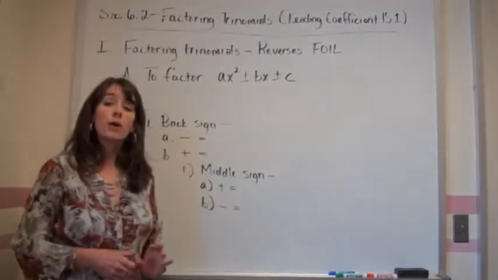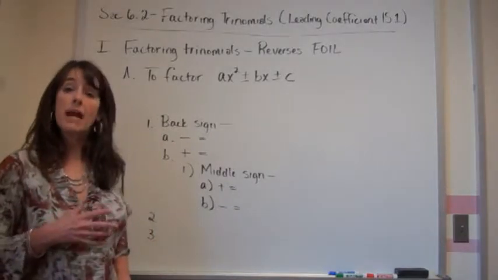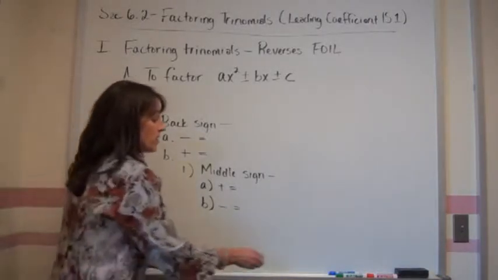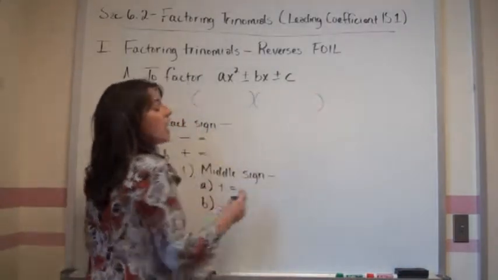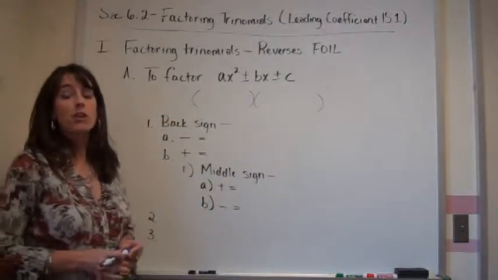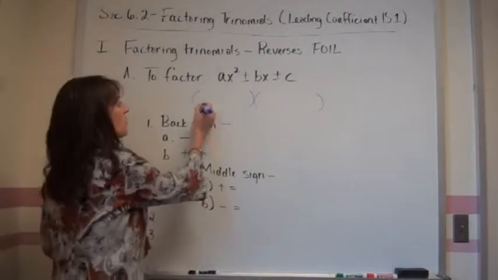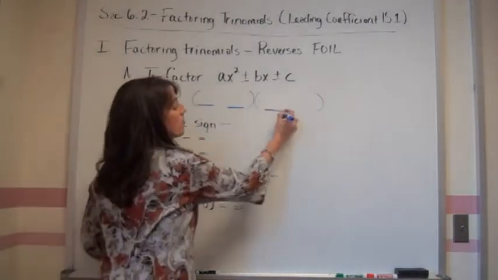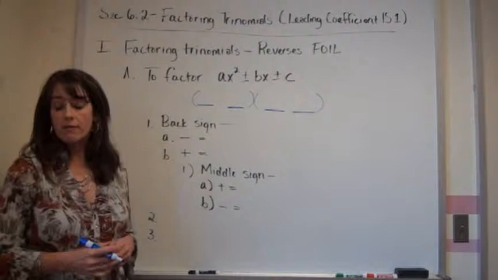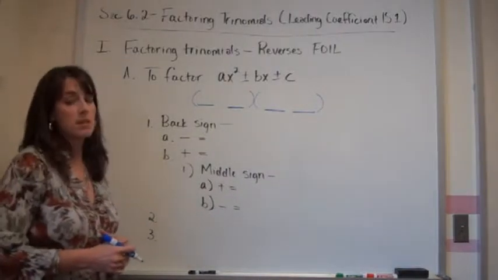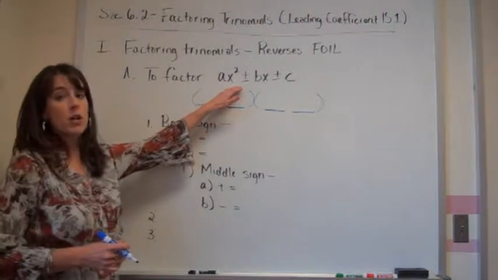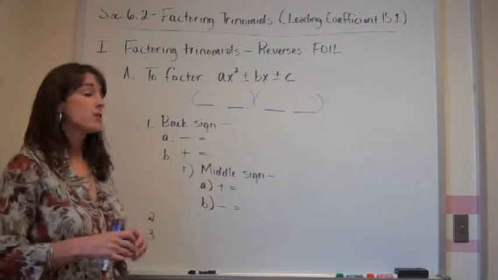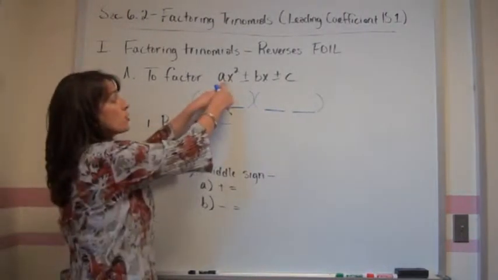Now recall, FOIL is a situation where you have a pair of parentheses, a double parentheses like you see here. Within those parentheses, you're going to have a pair of binomials. So you have a binomial here, and you have a binomial here, recalling that binomials have 2 slots in them, or 2 terms in them. So when you reverse that FOIL, and you're starting off with this trinomial, the way that you factor it is you take a look at this first term here.